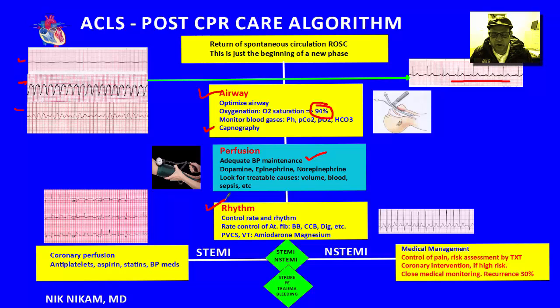Yes, indeed, I am talking about STEMI or non-STEMI. If we have a patient with the STEMI, that patient needs to be going to the cardiac catheterization lab even while the CPR is in progress.